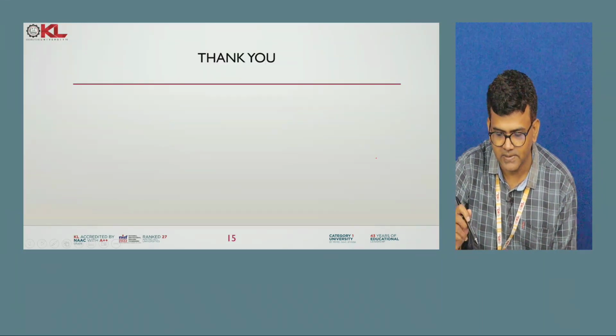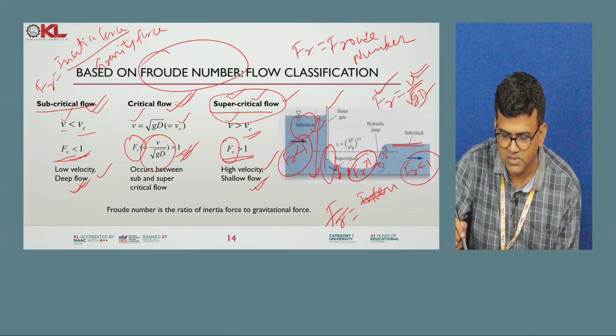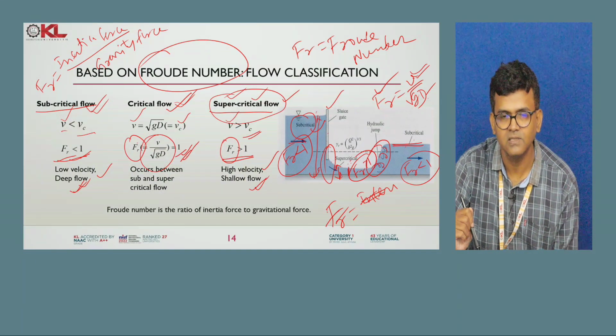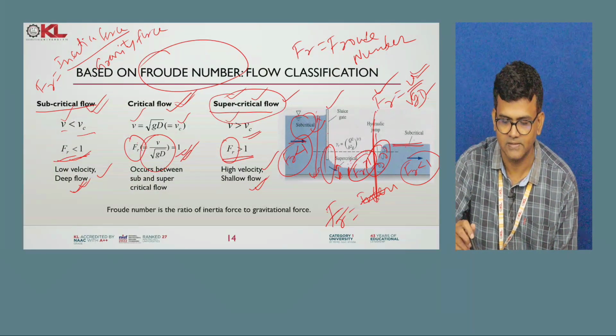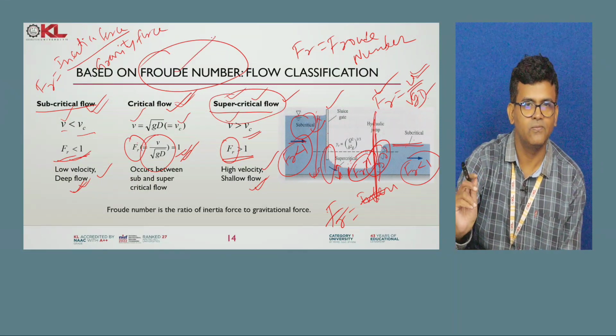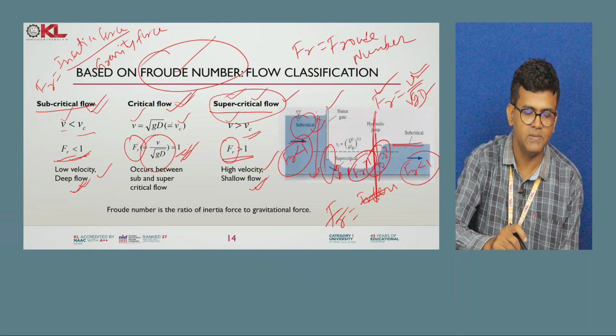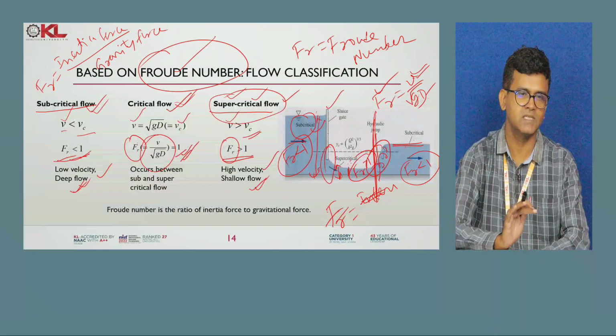In between this region, somewhere the critical flow takes place. So based on the Froude number, the flow may be critical, subcritical or supercritical flow.